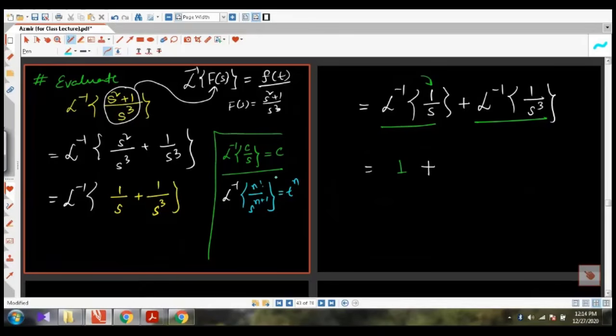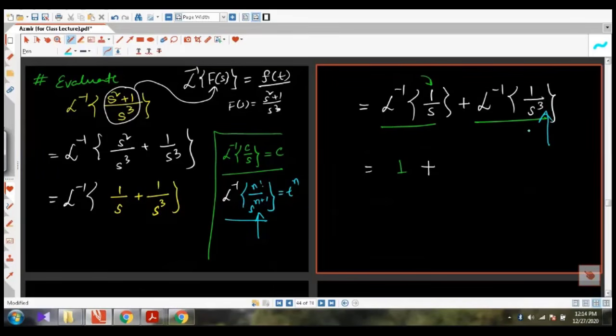So why have we chosen this formula? Because here in the denominator we have s power 3, so we can be sure that this formula can be applied. But the problem is, here you can see that we have s power n plus 1, but here we have s power 3. So we need to compare the formula with this problem.